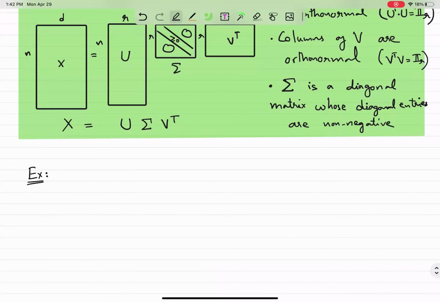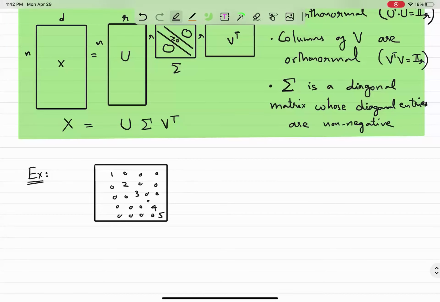The first example I want to do is maybe the easiest one. So let's say my matrix is this. It's just a diagonal matrix. It's a 5 by 5 matrix. So what would be a singular value decomposition for this matrix?